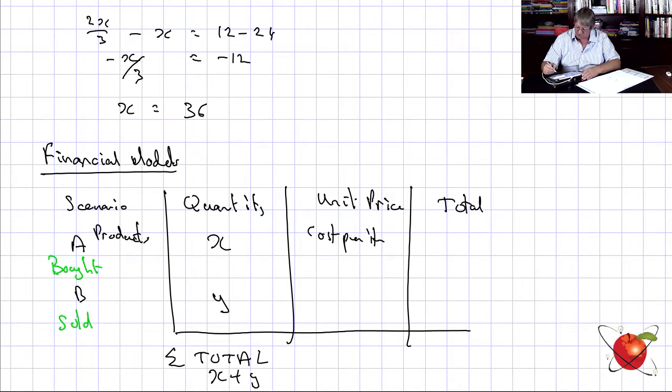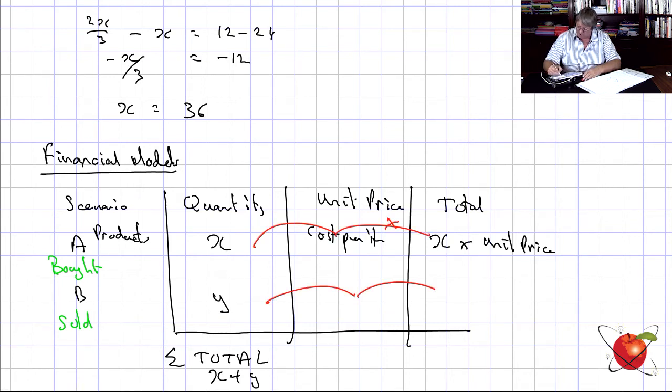all right, I'm just going to leave it as that. The total could be bought or paid or sold or income or expenditure, doesn't matter. This is going to be the quantity X times the unit price, isn't it? Let's think about that. Going across the column, we are going to say it's U times to get that, U times to get that one, right?